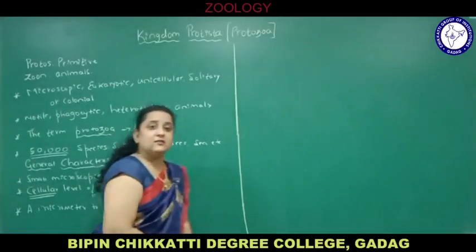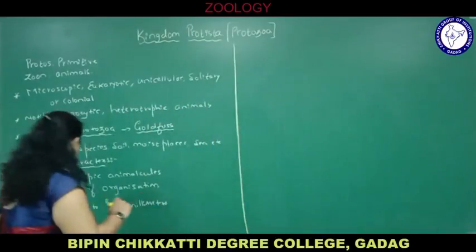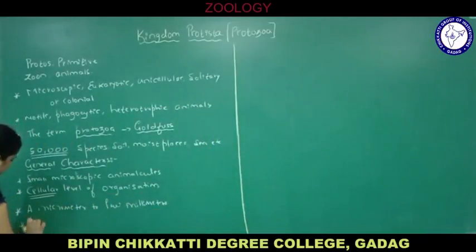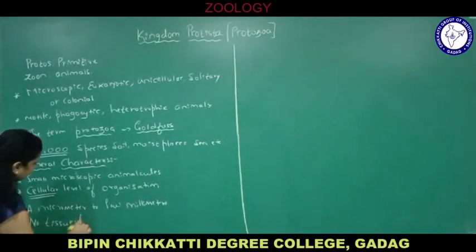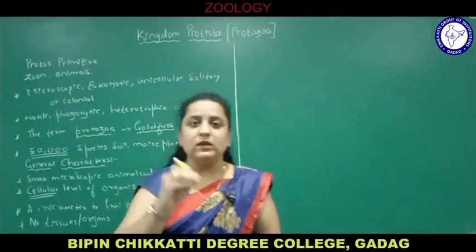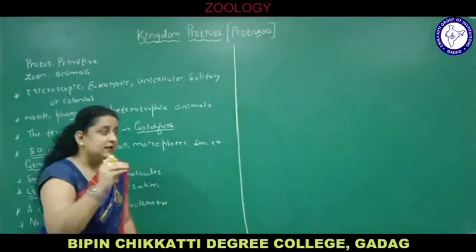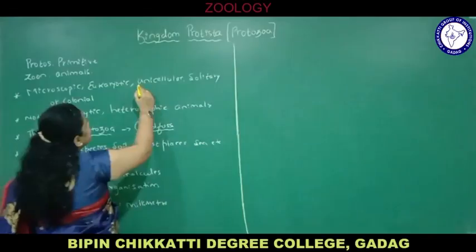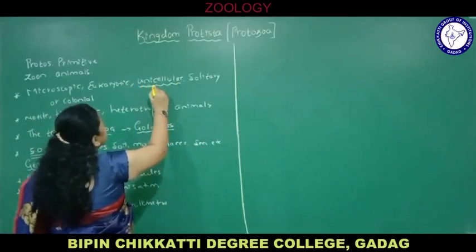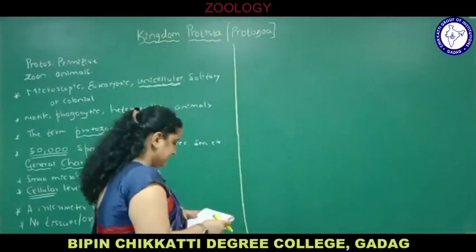And as they have a cellular level of organization, they do not have tissues and organs, because they are very primitive microscopic organisms with only a cellular level of organization. It means their body is made up of only a cell, that too unicellular. You can see here, single celled organisms, right? So there are no tissues and organs.